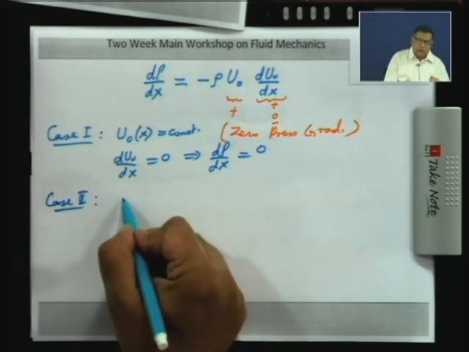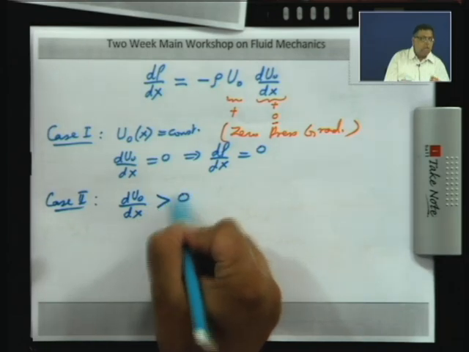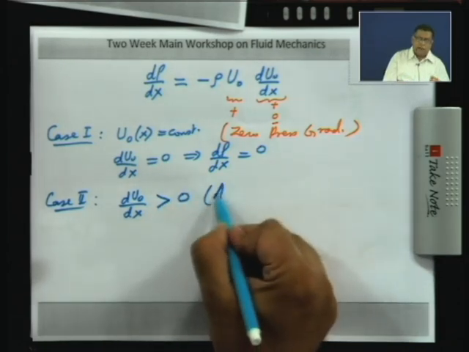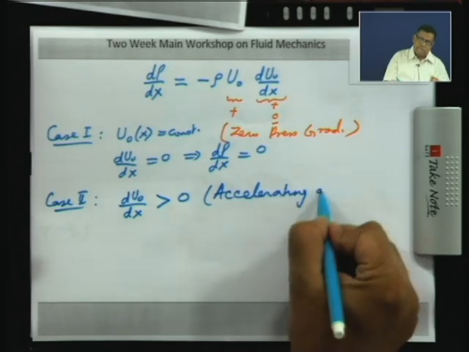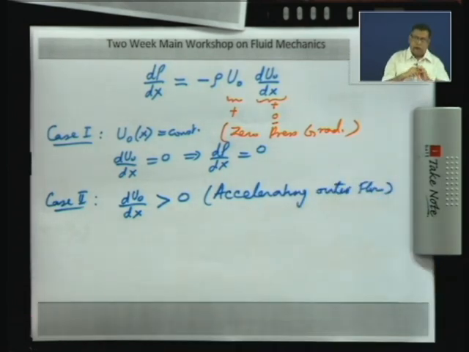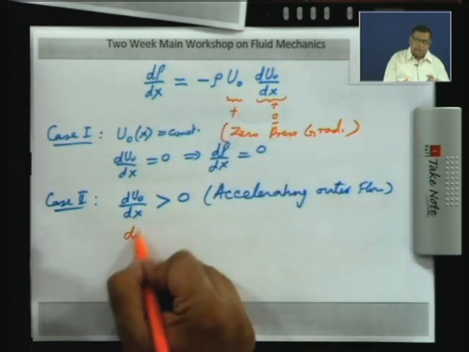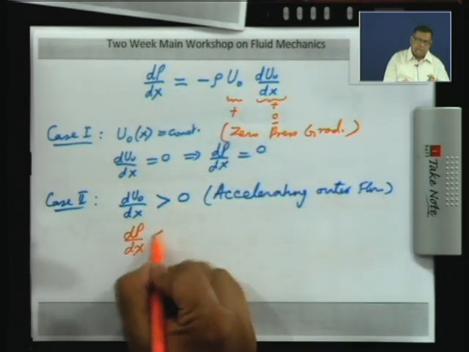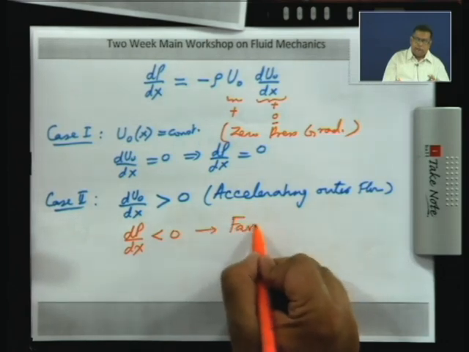Now, you could have a second case where du 0 dx is positive. So, this is an accelerating outer flow. Now, if this du 0 dx is positive, then dp dx will be negative. So, this is what is referred to as favorable pressure gradient.